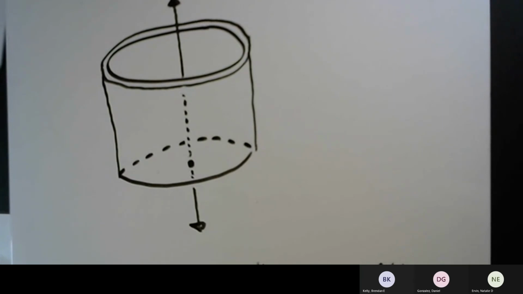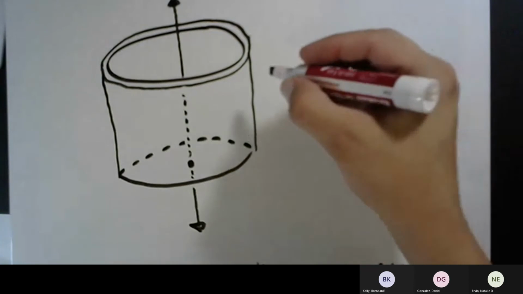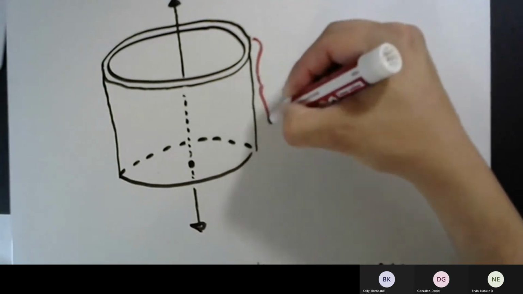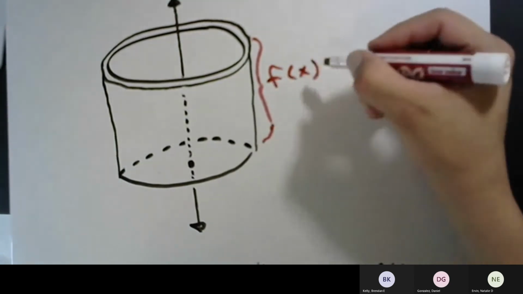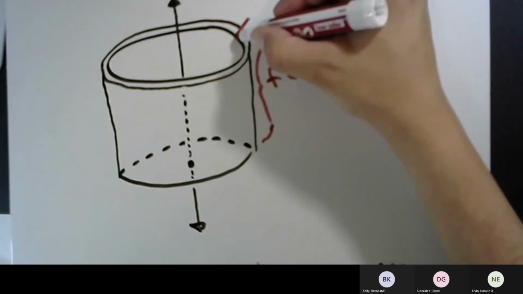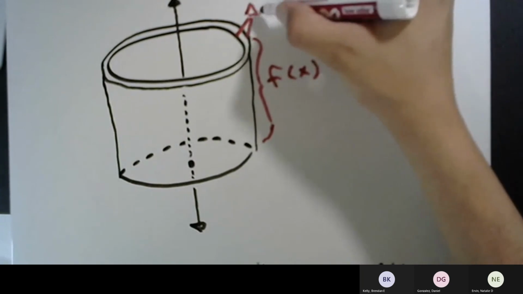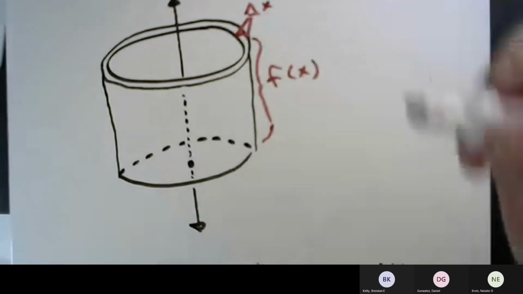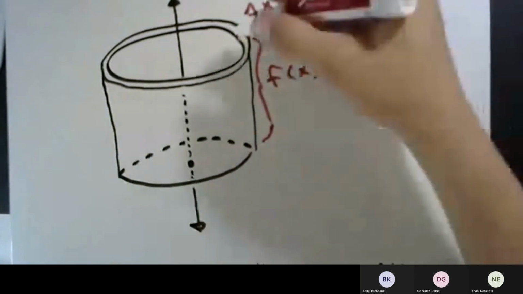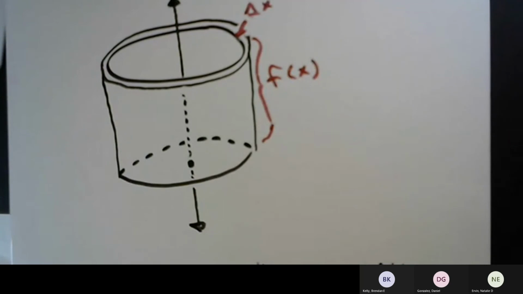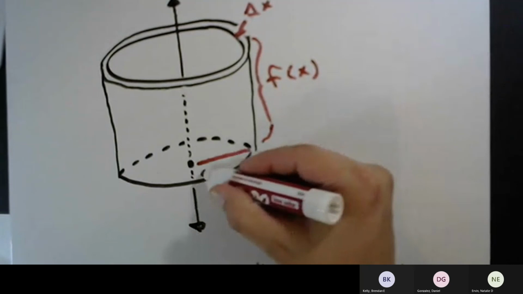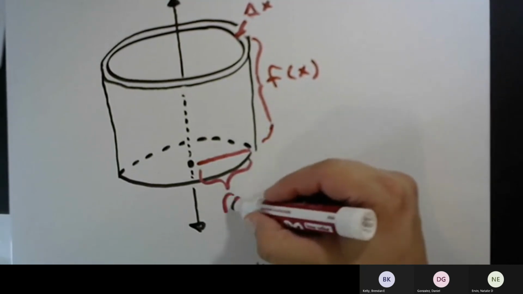So that's going to be our cylinder. So the height of this thing will be, say, f of x. The width is delta x. Right here. It'll be delta x for the width. And then here is the radius.